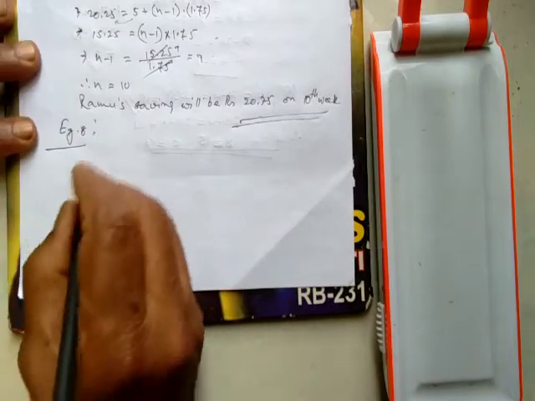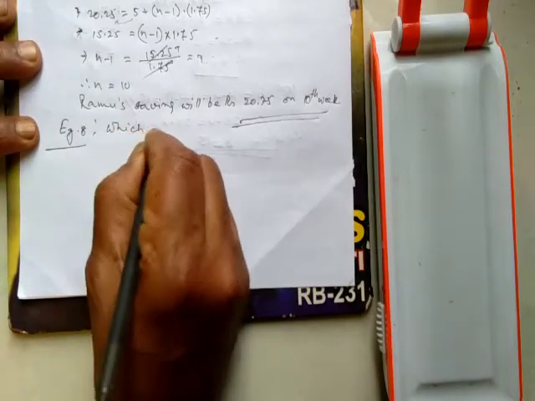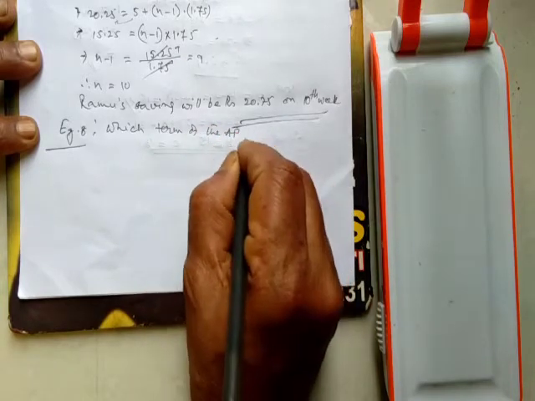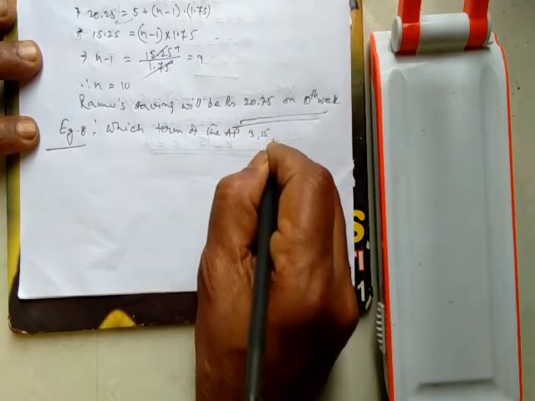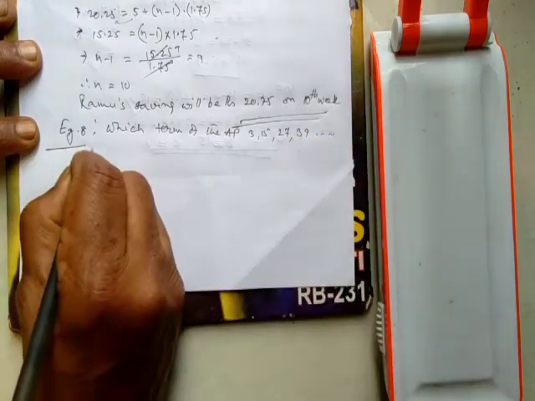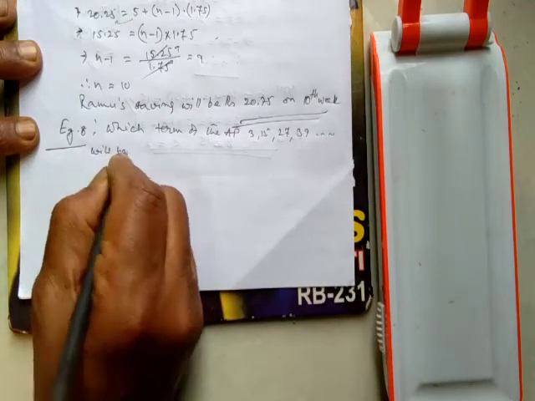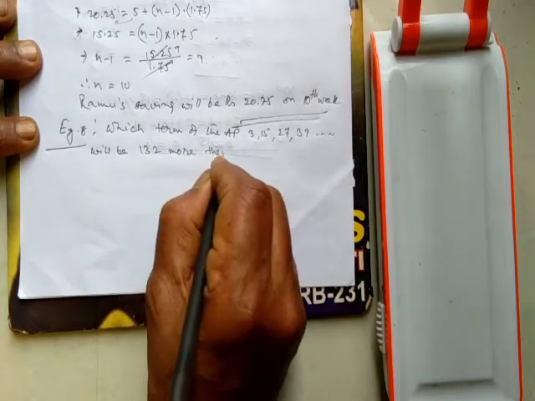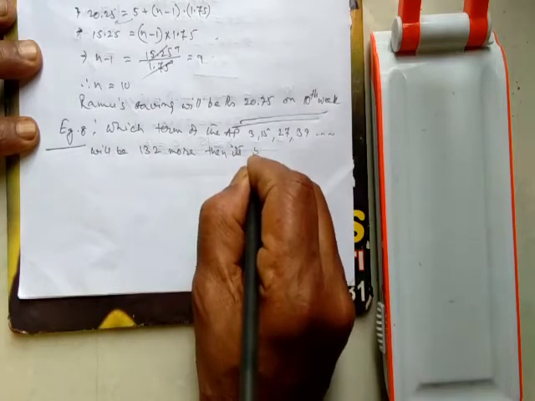Which term of the AP 3, 15, 27, 39 will be 132 more than its 54th term?